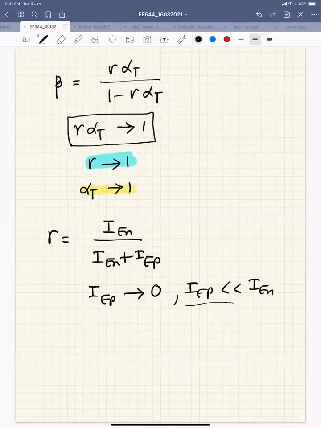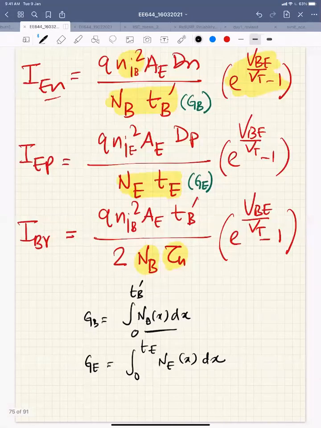So this is the thing, right? If you want our gamma to be very high, we want your IP, the hole component of the emitter current, to be much less than the electron component of the emitter current, right? So that's the reason. If I look at IP here, right?